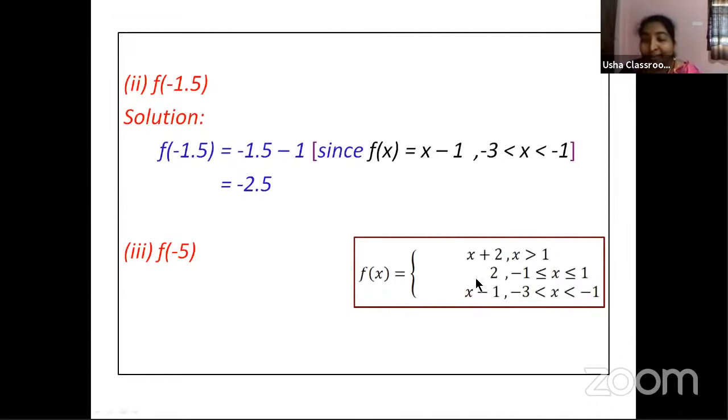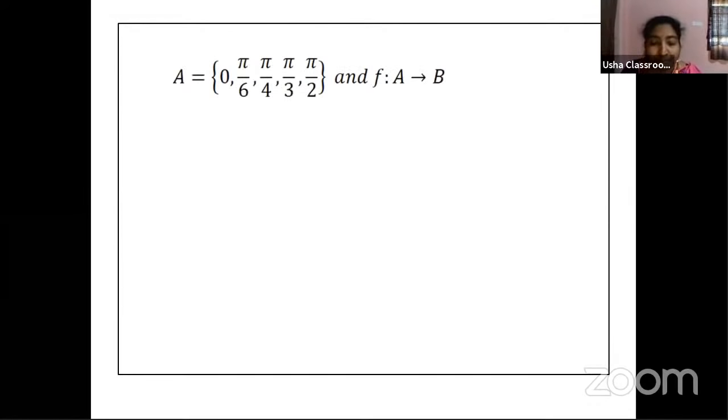Yes, you are right. It is not at all defined, children. You are not given a condition where minus 5 can be fit into the function. Therefore, we can conclude that f of minus 5 is not defined. All right. Now we will go with the next problem.